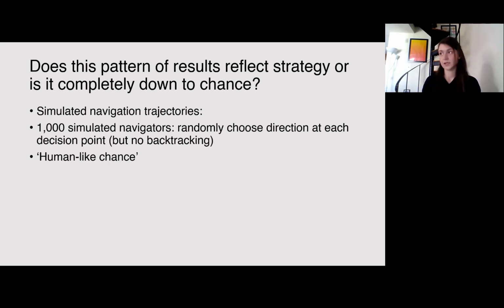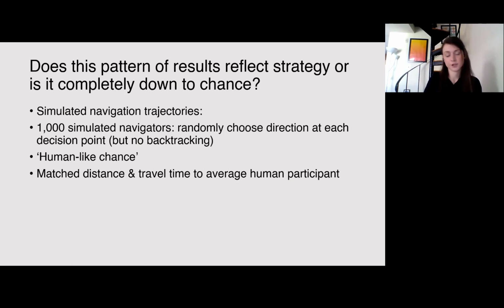So this would look more human-like, without going in a completely random direction with no memory of what happened before. And in these trajectories, we matched the covered distance and the travel time to the average human participant as well.